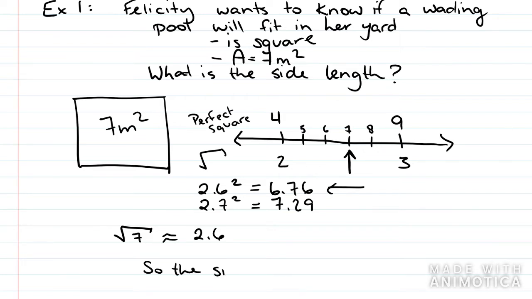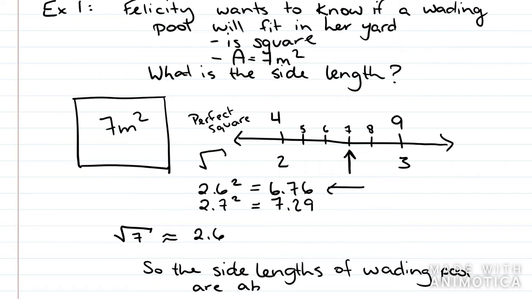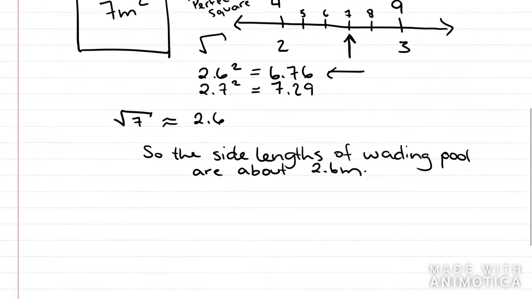So the side lengths of the wading pool are about 2.6 meters.